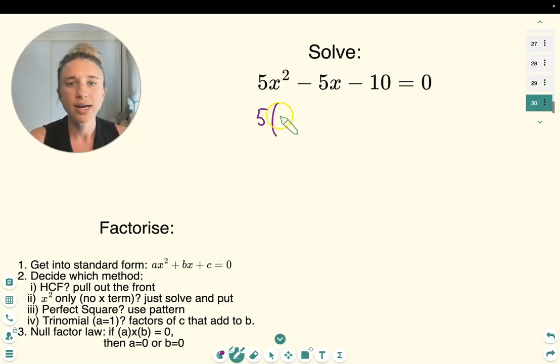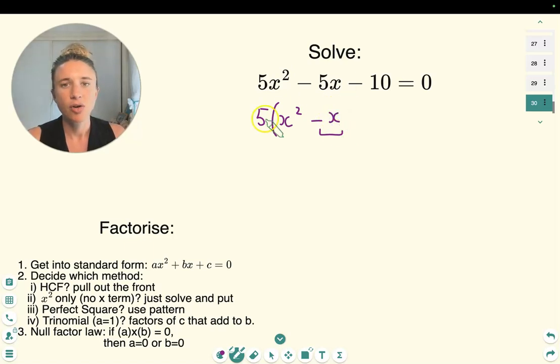So 5 times what gives me 5x squared? 5 times x squared. 5 times what gives me negative 5x? Well, 5 times negative 1x gives me that, so negative x. 5 times what gives me negative 10? 5 times negative 2.